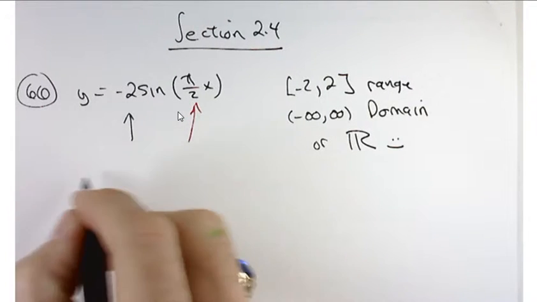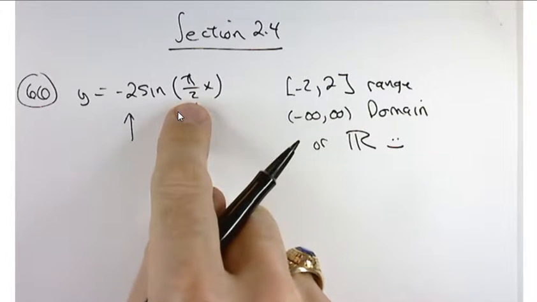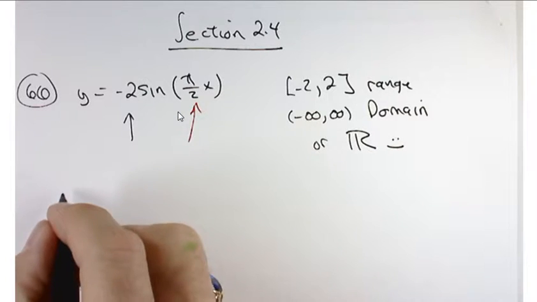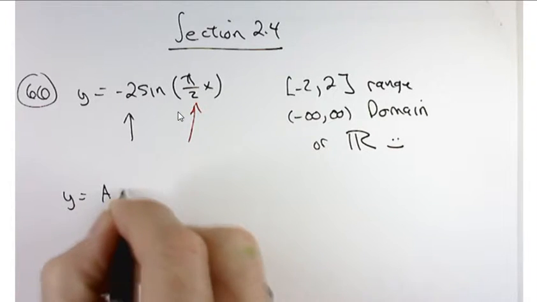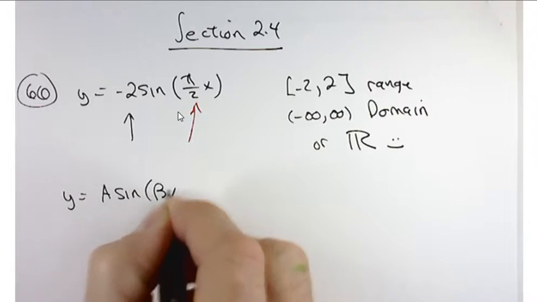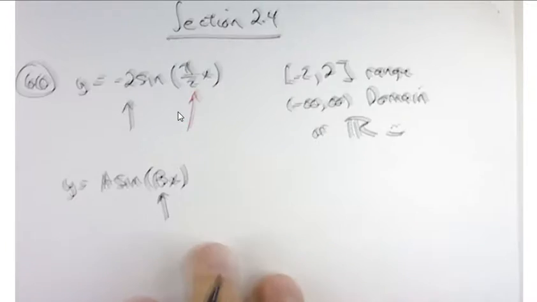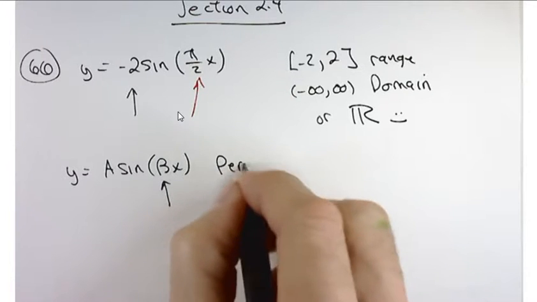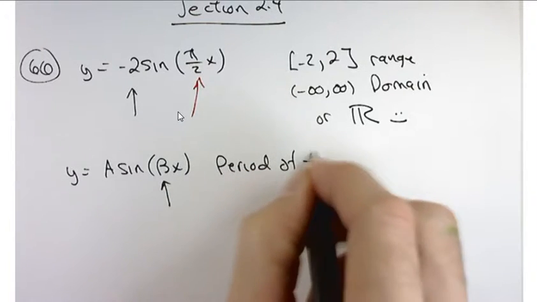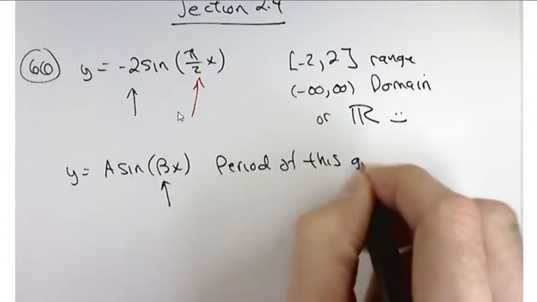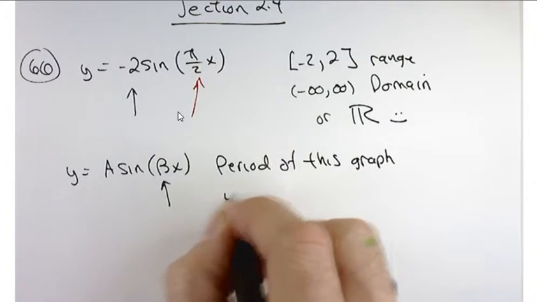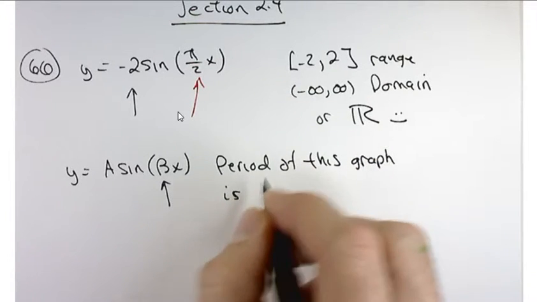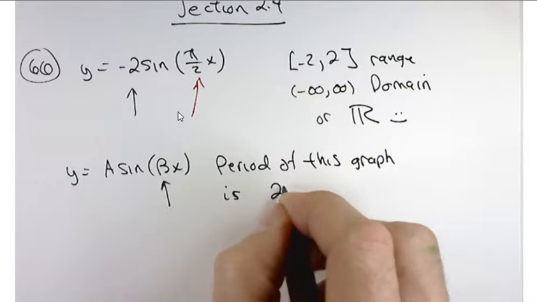So this number is always going to divide the period. So when you're graphing y equals a sine of bx, b is going to divide the period. So the period of this graph is 2 pi over b.